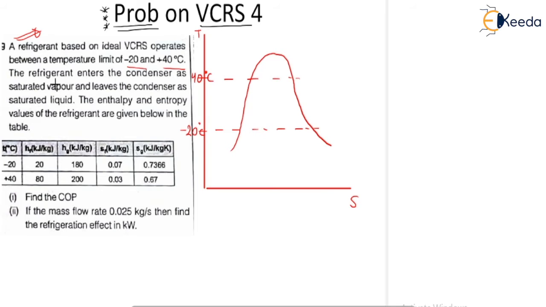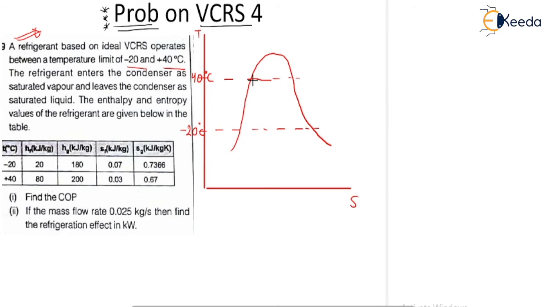Okay, my dear friends. Now the refrigerant enters the condenser as saturated vapor. So first of all, you have to plot all these lines. That means your condenser region is this.